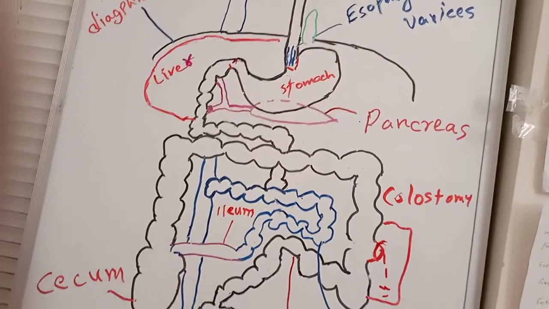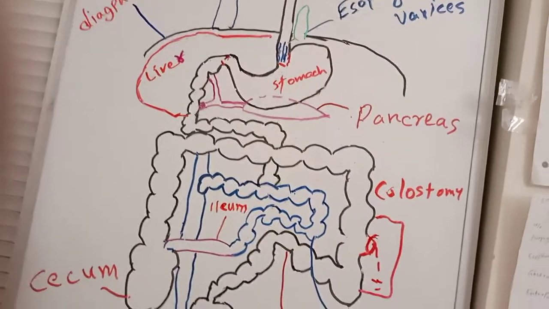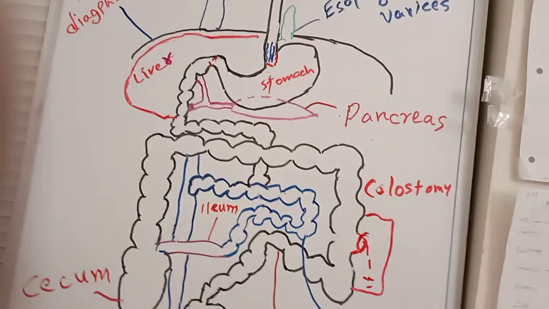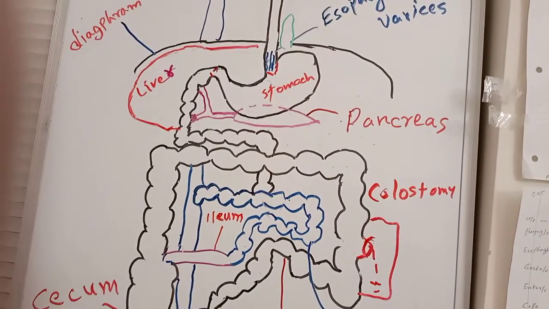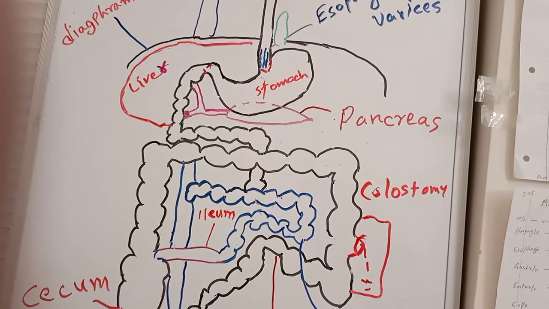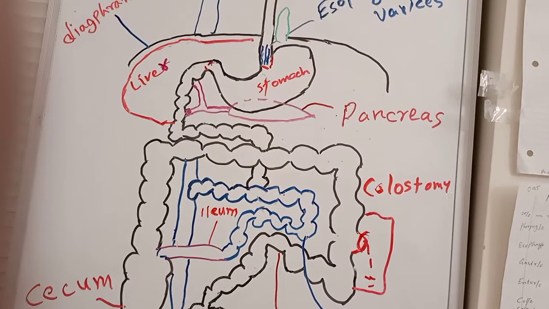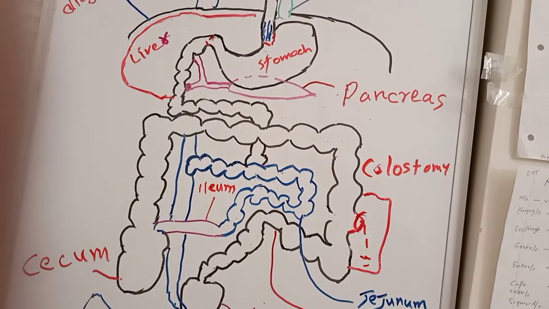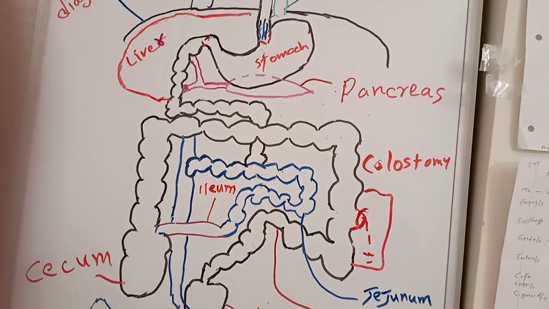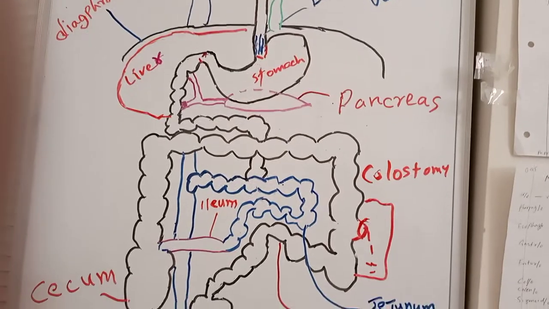Something has herniated out through a hole or aperture which is known as the hiatus. That's why this hernia is known as hiatal hernia, hiatus hernia. These were the 3 points.